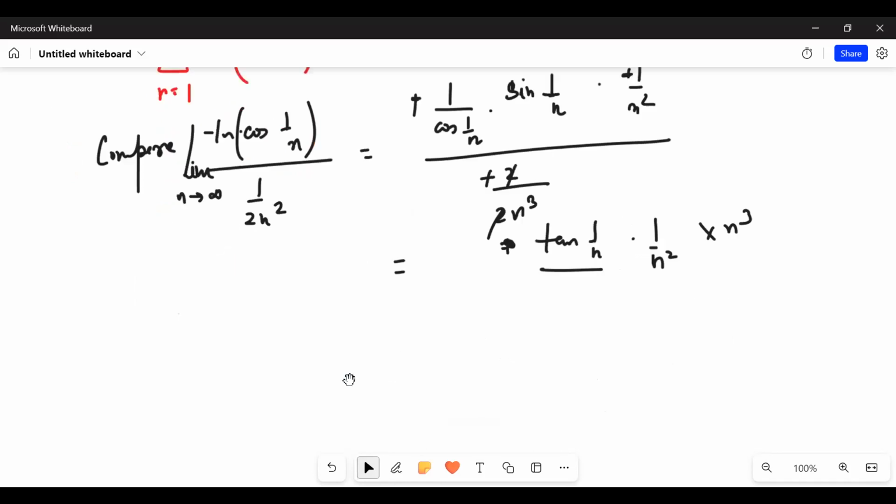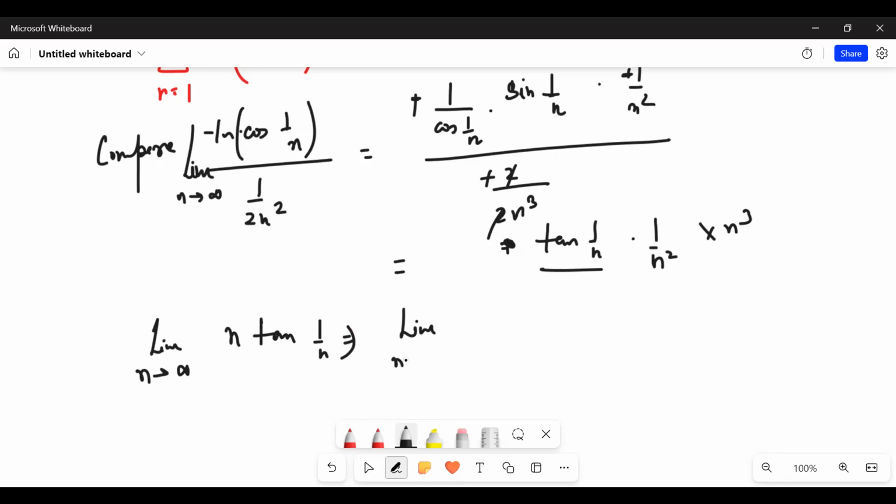So what you are getting is the limit as n tends to infinity of n times tan of 1 upon n, or I can write limit n tends to infinity tan of 1 upon n upon 1 upon n. This is certainly equal to 1, which is a non-zero value.